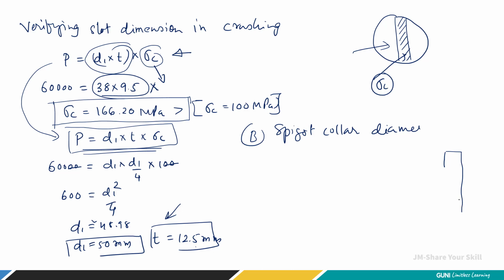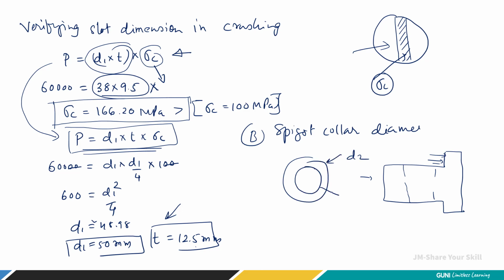Let me draw over here so you can have a clear idea. This is the slot, and this is the area I'm talking about. If you look from the left side, it is simply an annular area. Outside diameter is D2 and inside diameter is D1. This is the area in which the compressive stress is going to develop. So let's find it by using equations.